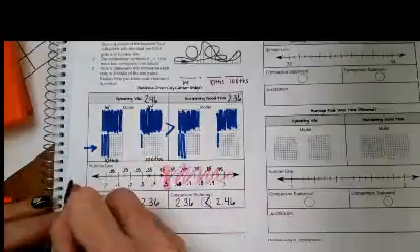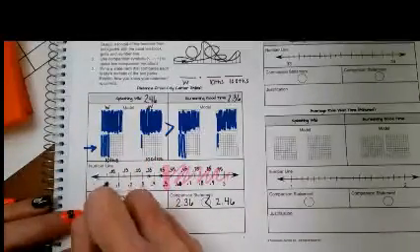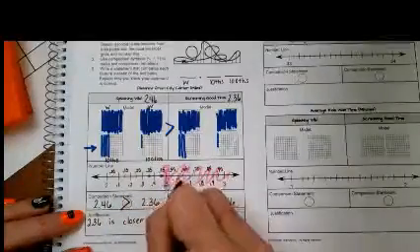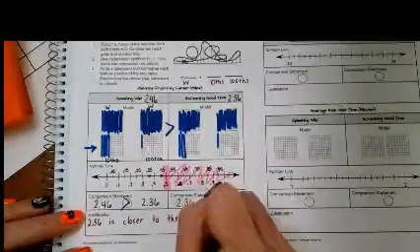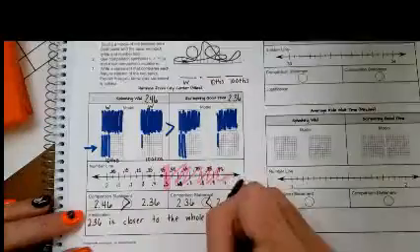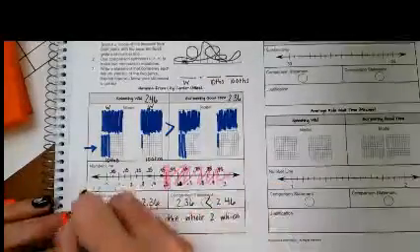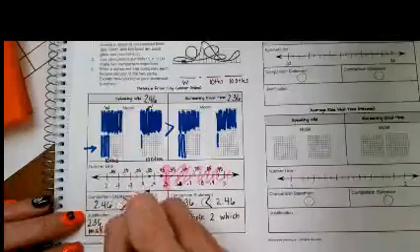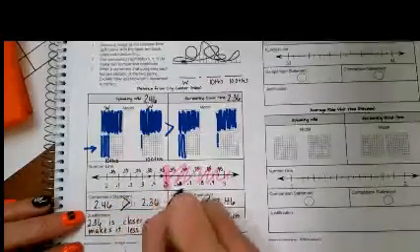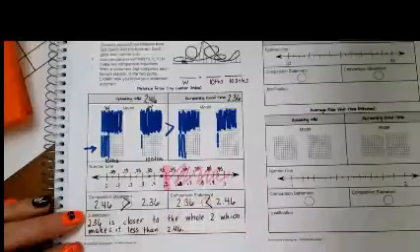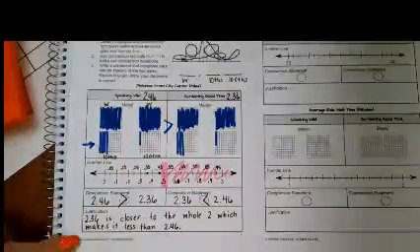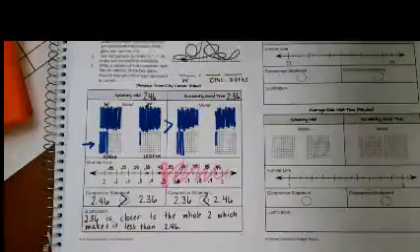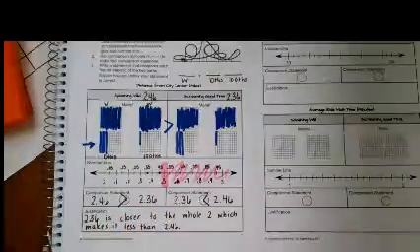So I'm going to use that. 2.36 is closer to the whole number 2, which makes it less than 2.46, period. That explains. You could also say that the 4 in the tenths place is greater than the 3 in the tenths place.